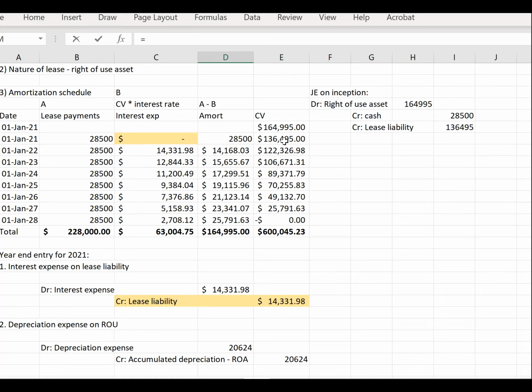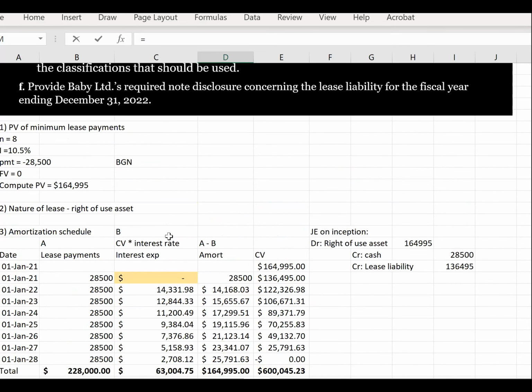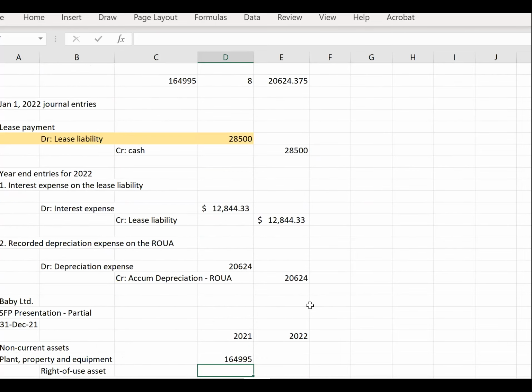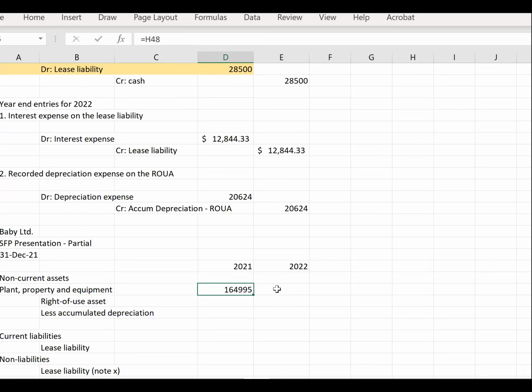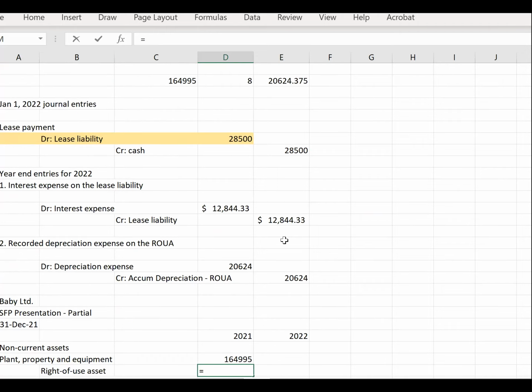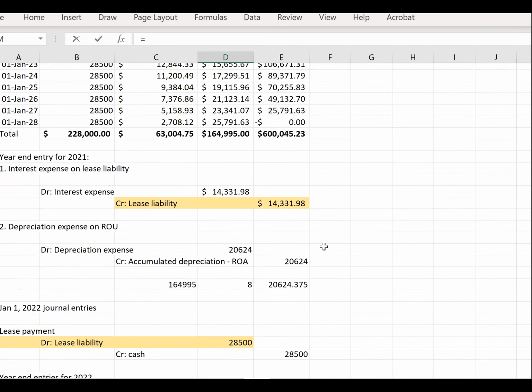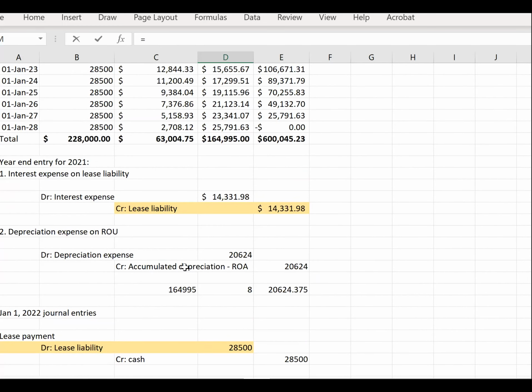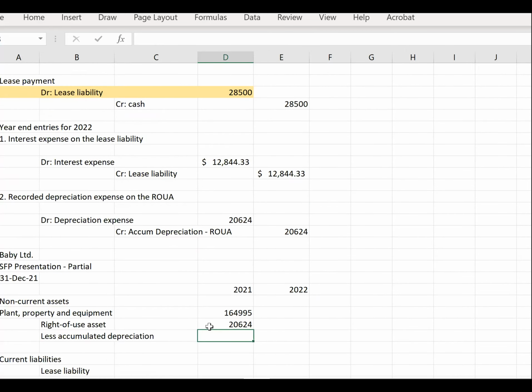So our right of use asset, we hadn't depreciated it yet here. I'm actually looking at the lease liability schedule, which is not correct. So right here, our right of use asset would be 164 because we hadn't depreciated it yet, remember? And the depreciation in 2021: by the end of the year 2021, we had depreciated it. So here's our year-end entry, depreciation expense. We had put this much into accumulated depreciation.